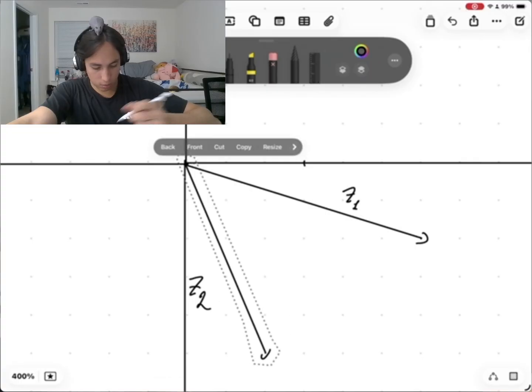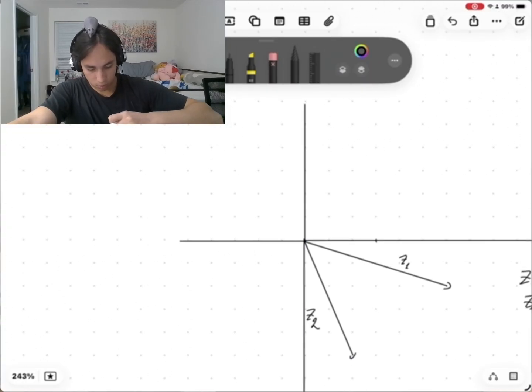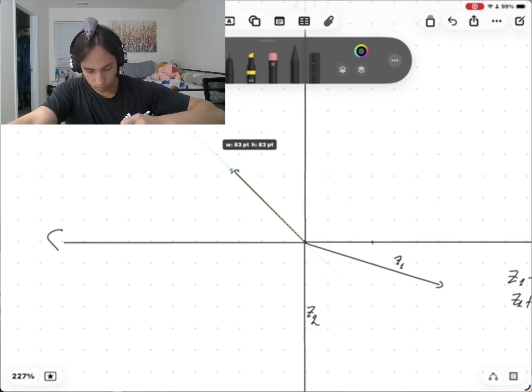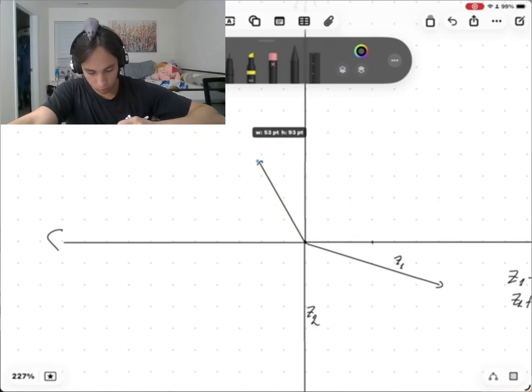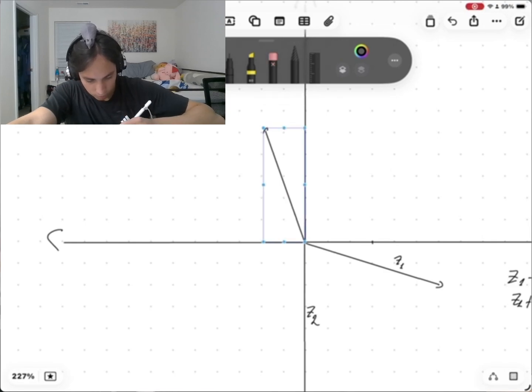We take this, resize, and we just go whip, right? 2 and 1, 2, 3, 4, 5. I want to get it perfect.